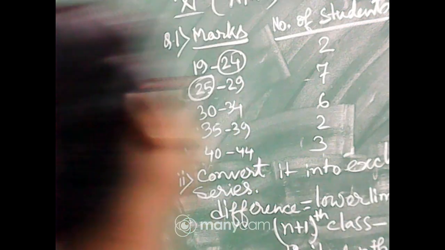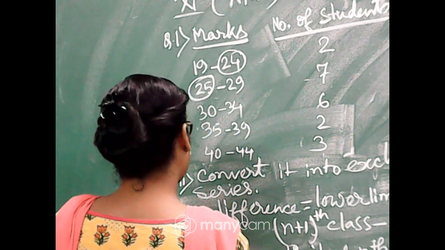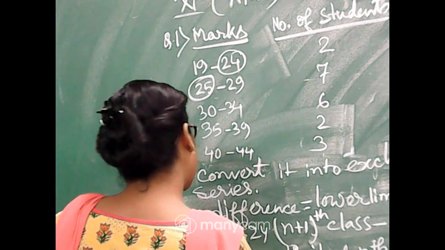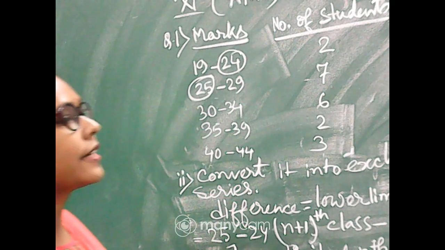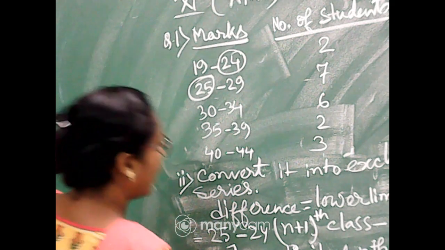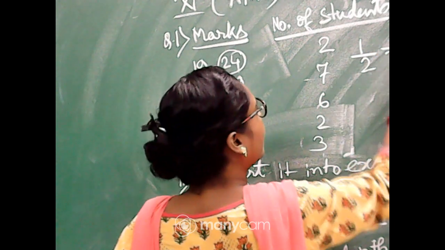Yes, 1. That means we can write here 25 minus 24 is equal to 1. Now, this 1 we will divide by 2 and we will get 0.5.